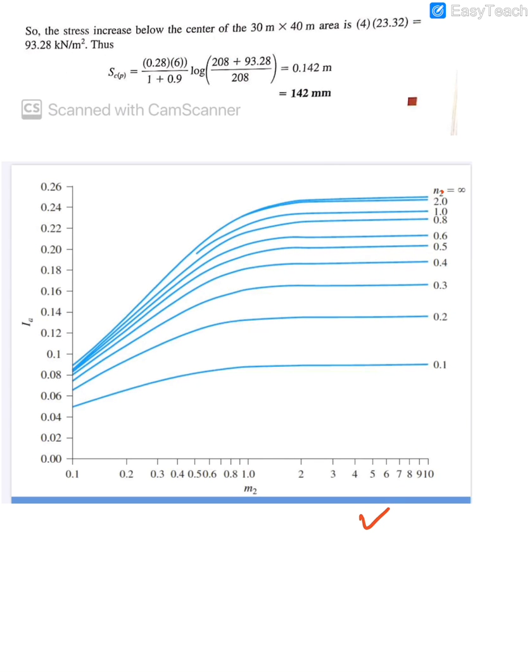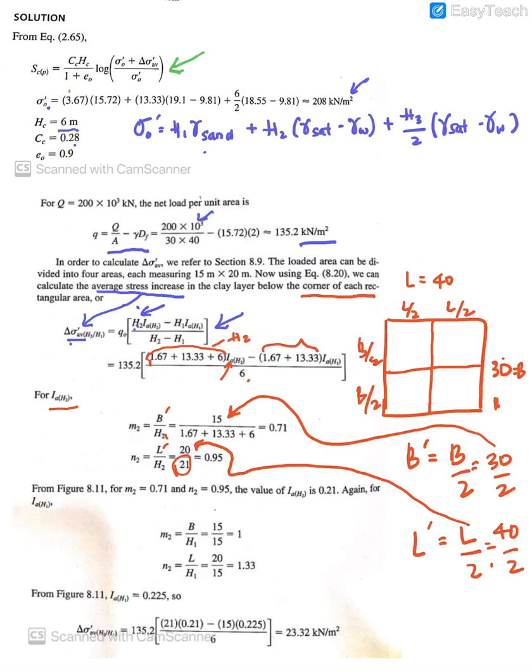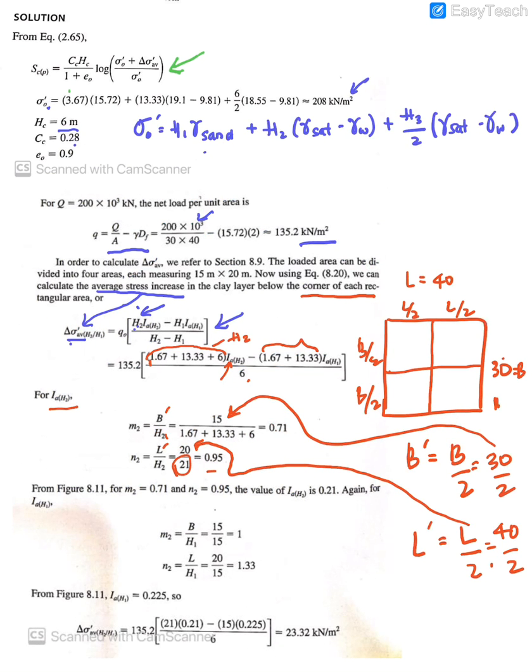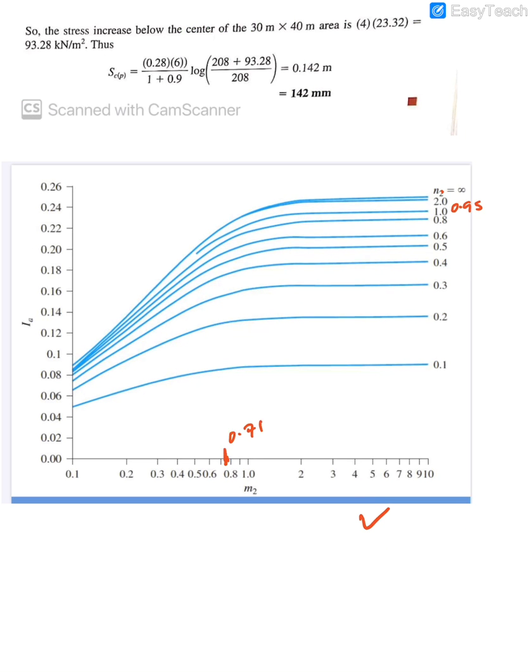So M2 is 0.71 here, and N2 is 0.95 here. So you just project.